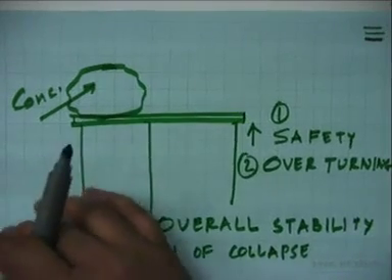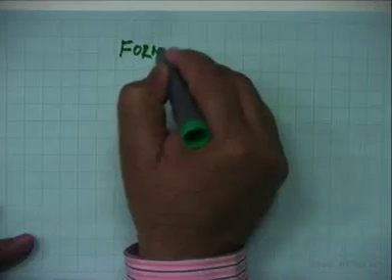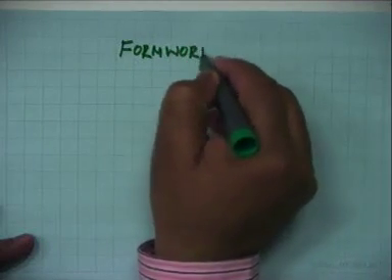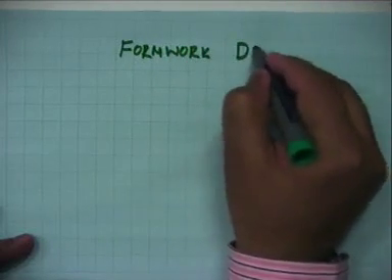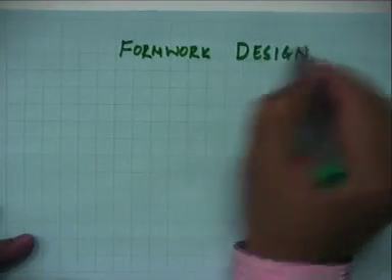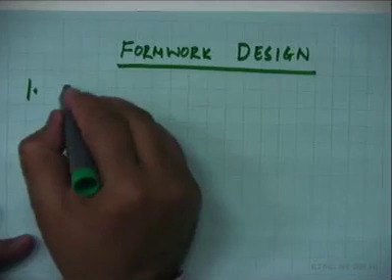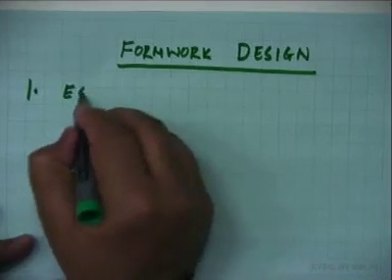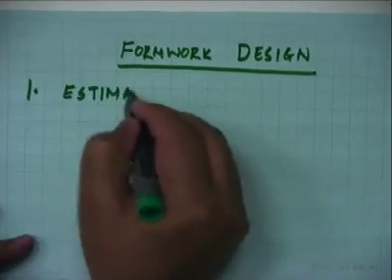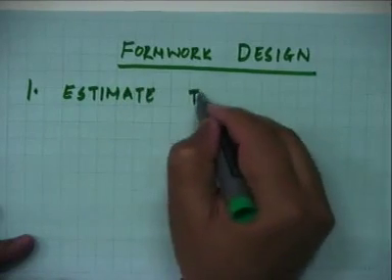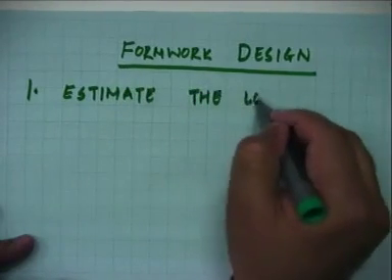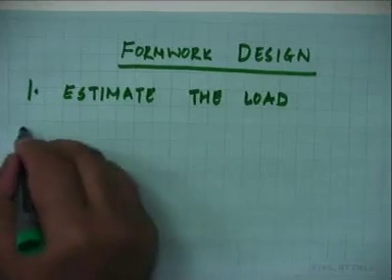Now if you talk of a formwork design process, as I told you, it is very much similar to what you do for design of permanent structure. First step is obviously to estimate the load. This is obviously the prime requirement, estimate the load.